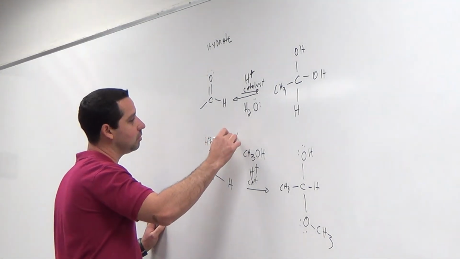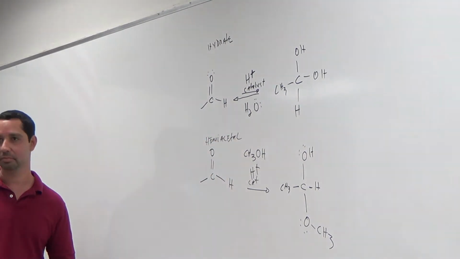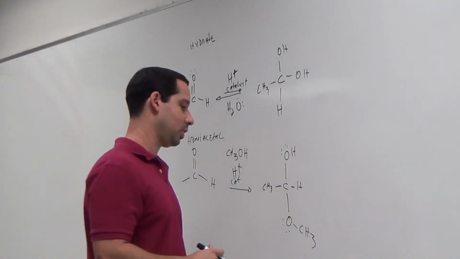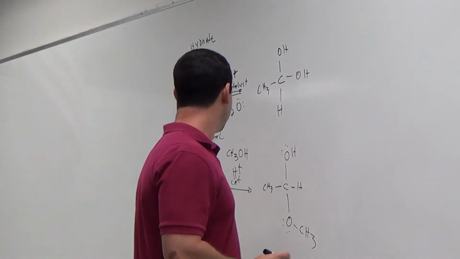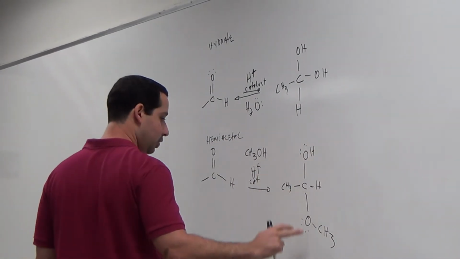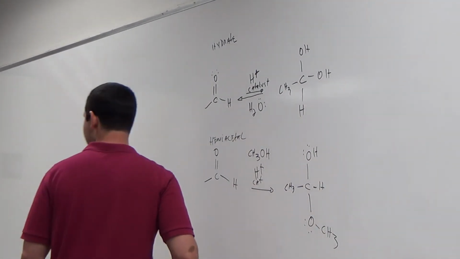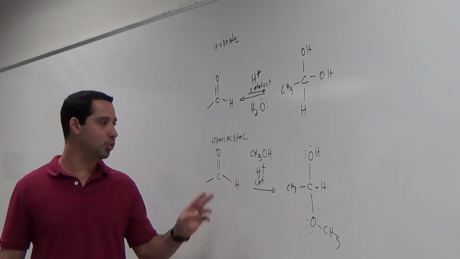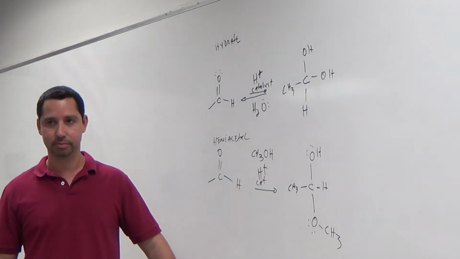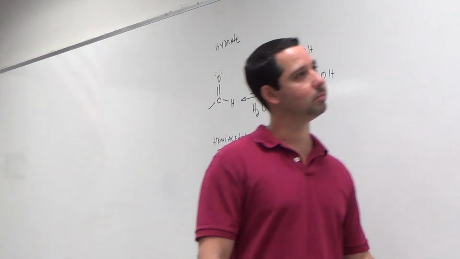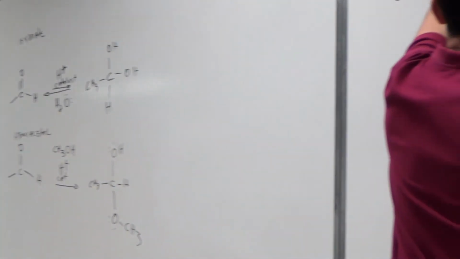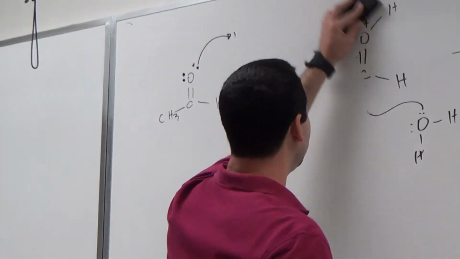It is called the hemiacetal because it has one OH and one of these ether groups. If it had two of these ether groups, what would it be called? Acetal. Okay. So let's do this mechanism for this.